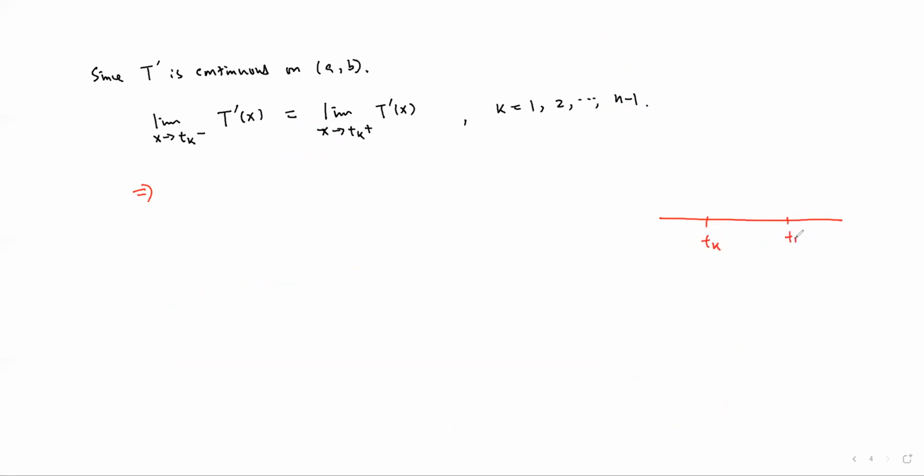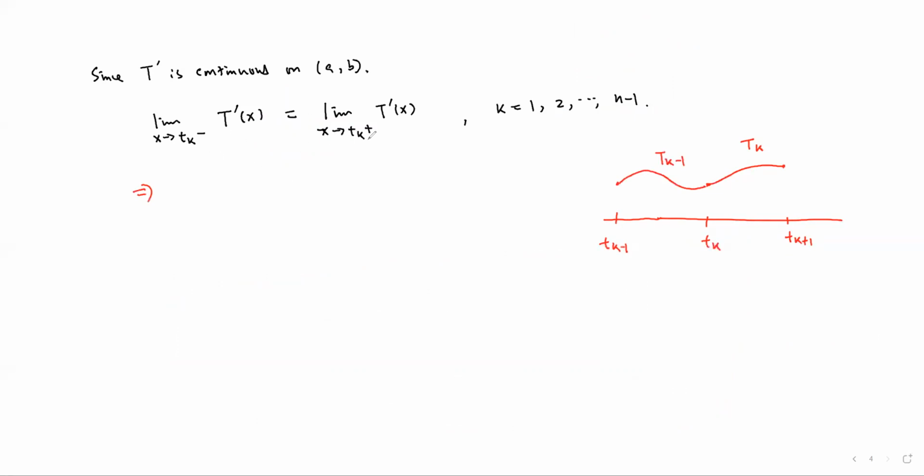From tk to tk plus 1, this portion of the function T, let me denote it by Tk. And from tk minus 1 to tk, this portion, let me denote it by Tk minus 1.